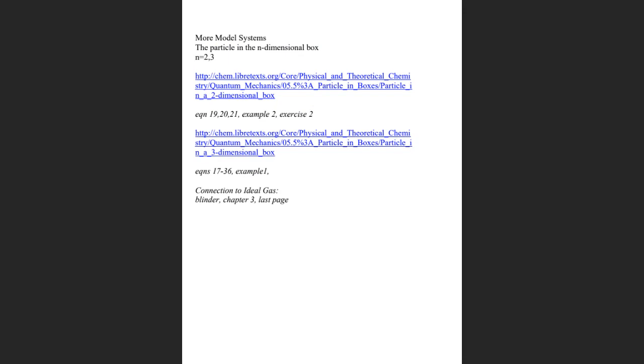This model system, the one-dimensional box, we're on page 3 now, readily extends to any number of dimensions, 2 or 3 dimensions being common extensions.